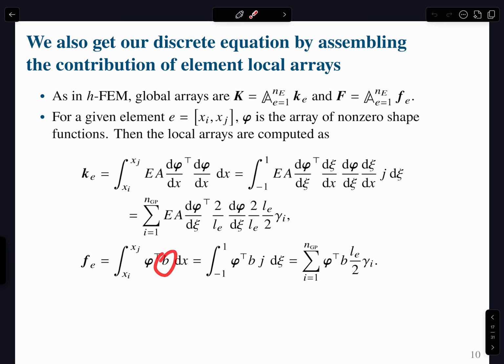Depending on this guy, if that is a polynomial, then I have an exact integration. Otherwise, if it is not a polynomial, like in the project, then you're going to have to compromise, right? You're not going to be able to integrate it exactly. So you're going to have to find a strategy to integrate that to the degree of accuracy that you're happy with, right?